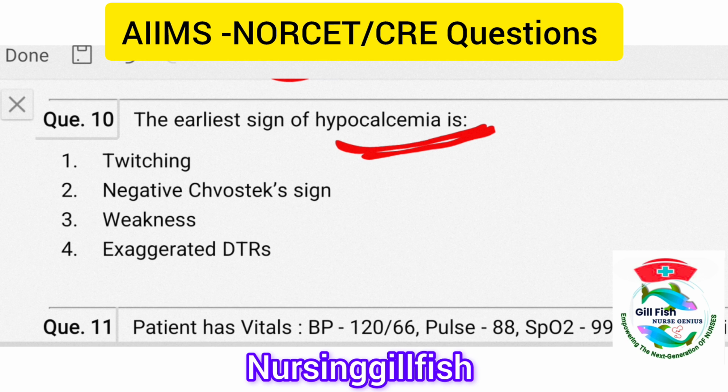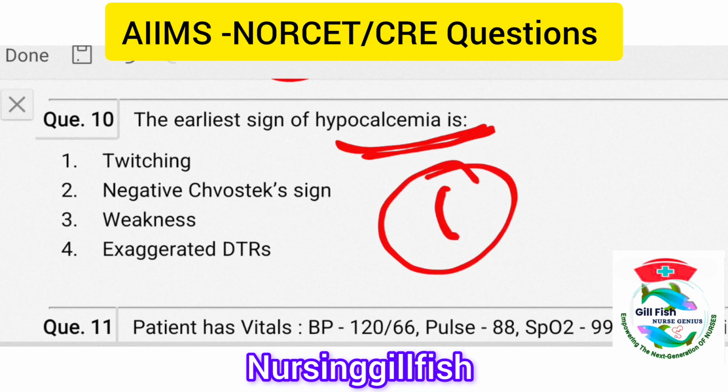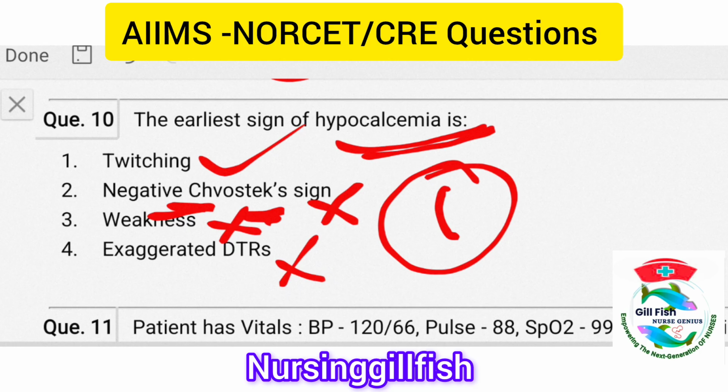Whenever the patient has hypocalcemia, what comes? Twitching of the muscles. So option 1 twitching will be the correct answer. Actually, Chvostek's sign would be a correct answer, but they have given it as negative, so that is why it is wrong, and weakness is wrong. Usually we get twitching of the muscles in the body.